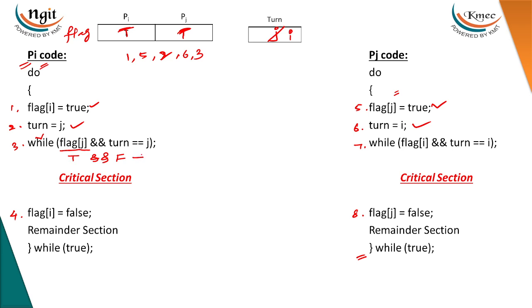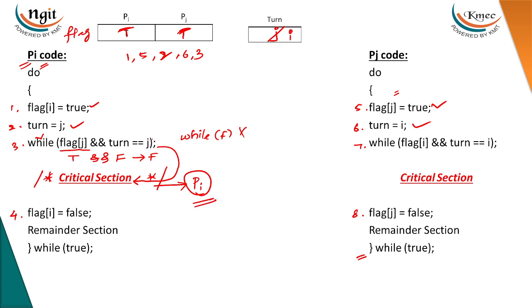True and false gives false. While false means the while loop will be broken and it will execute critical section. Now Pi is in critical section. Which process is in the critical section? It is Pi.